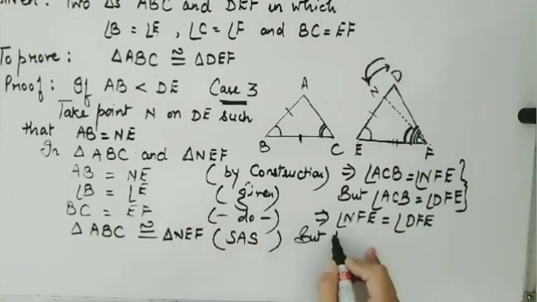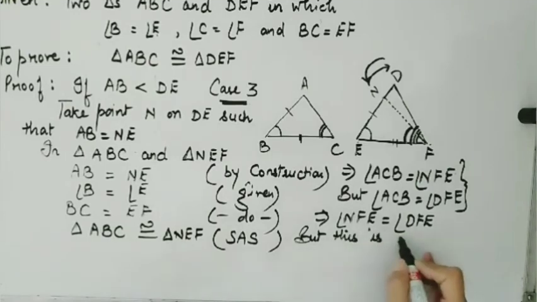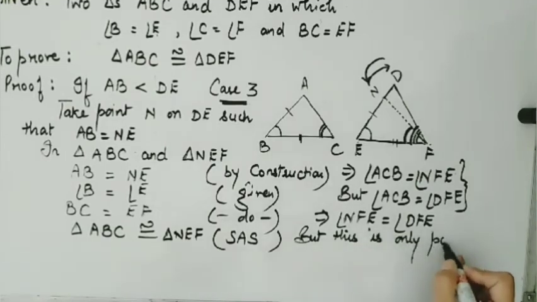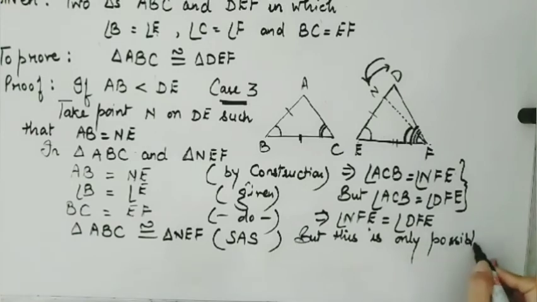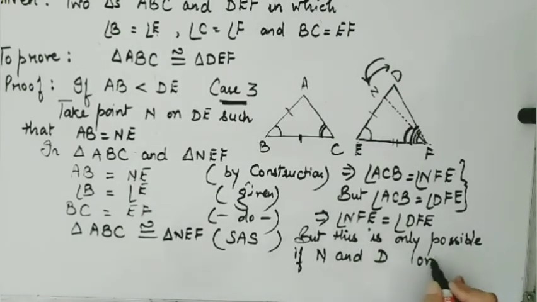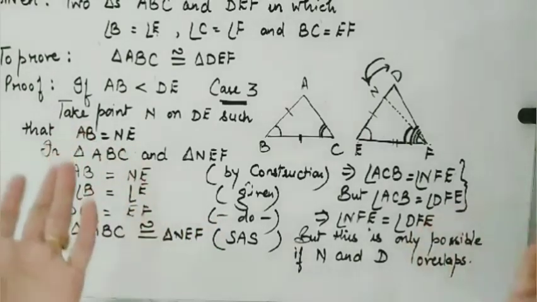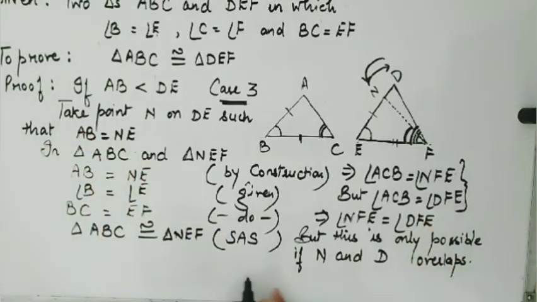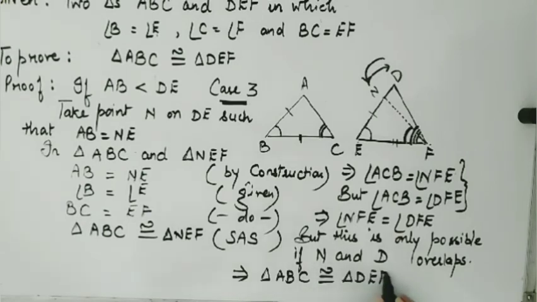But this is only possible if N and point D overlap. And if they would overlap, where do we land up then? This implies that triangle ABC would be congruent to triangle DEF.